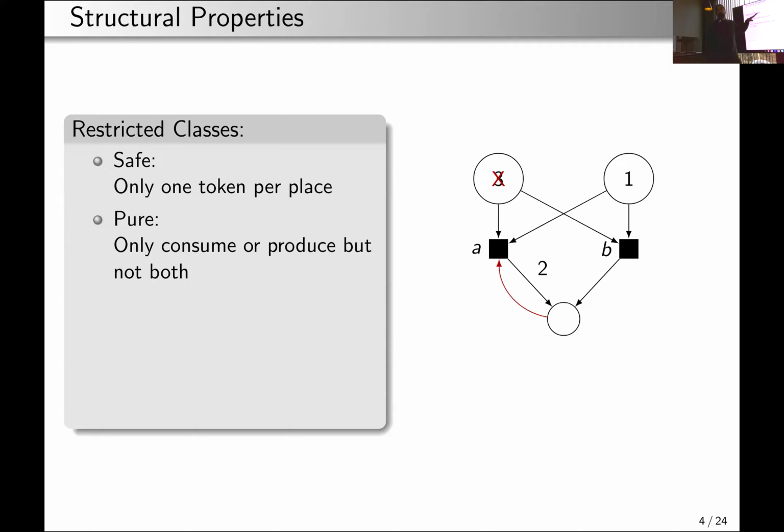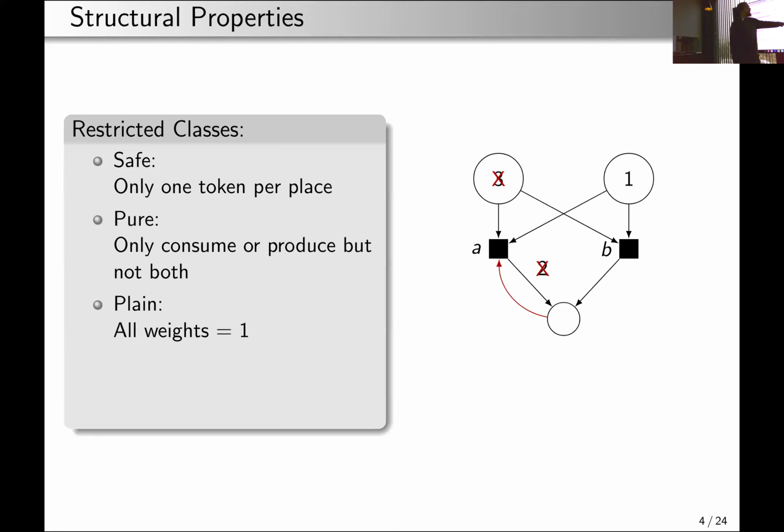It makes decidability of some problems way easier. I will explain these semantics later, but for now, just keep in mind that we have these structural properties when seeing them as graphs, okay?